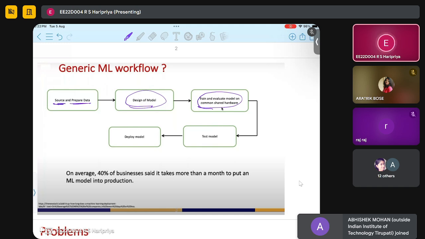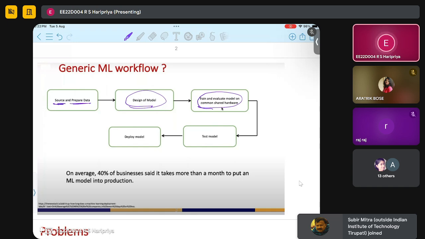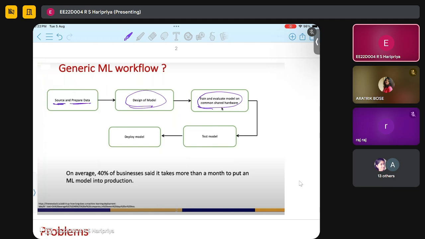So what is a common shared platform? Let's say DGX. There is a cluster which is commonly available to all the different teams. So we have a respective model or application, but running in a centralized facility.